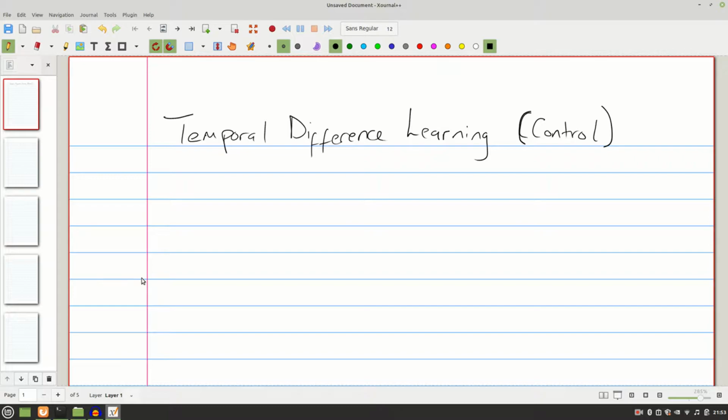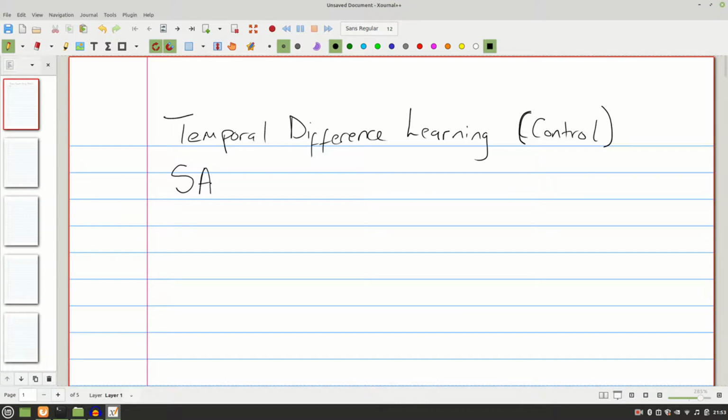Just like Monte Carlo methods, we're going to be looking at on-policy and off-policy approaches to achieving TD control. To get started, we're going to start with our first TD control algorithm, known as SARSA.